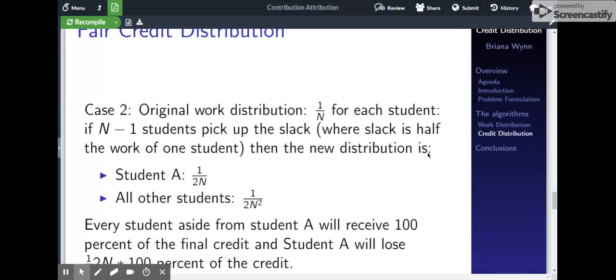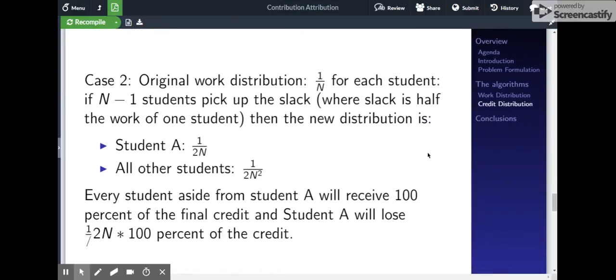A little bit more about how that would work: in the original work distribution, everybody does their fair portion of the work. And so if all of the other students pick up the extra slack, then the new distribution is that student A did only half of their allotted work, and all the other students did 1 over the number of students squared amount of work.